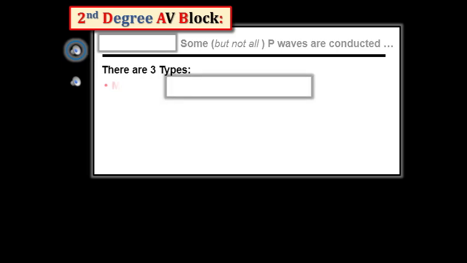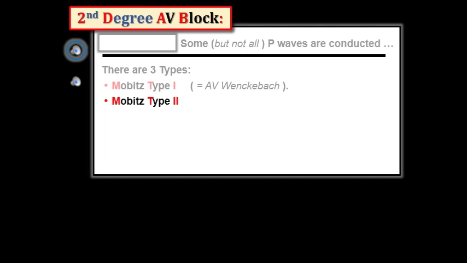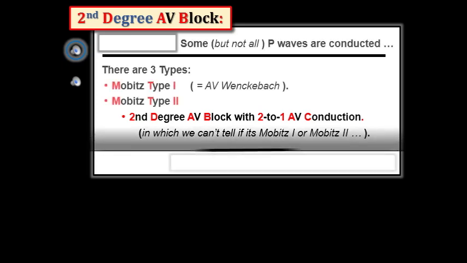Mobitz type 1, which is really a synonym for AV Wenckebach, Mobitz type 2 second-degree AV block, and the third type of second-degree AV block, which is the one that is often forgotten, namely second degree with 2-to-1 AV conduction, in which we cannot tell if this form of second-degree AV block represents Mobitz I or Mobitz II.